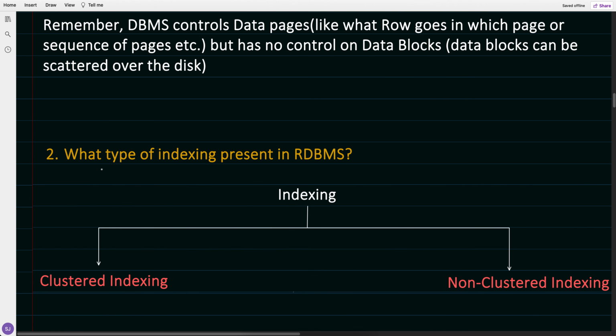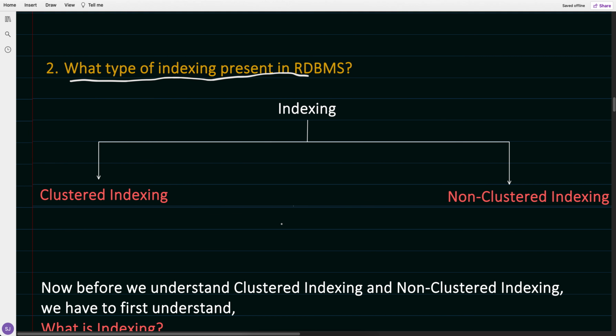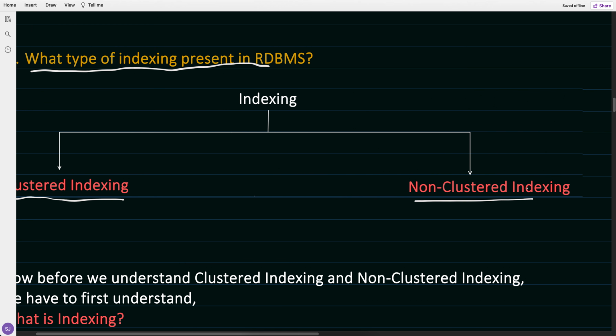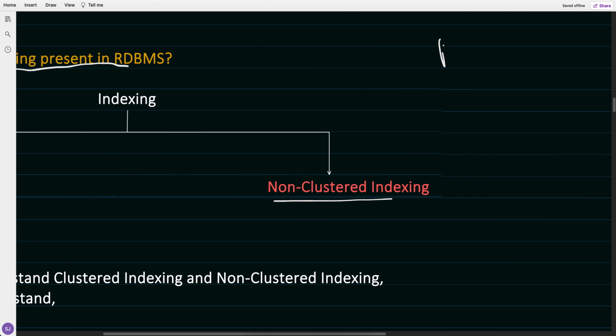Now let's see the second part. What types of indexing are present in RDBMS? Here, things become a little interesting. You might have heard a lot of names: clustered indexing and non-clustered indexing. I know what will be going through your mind.